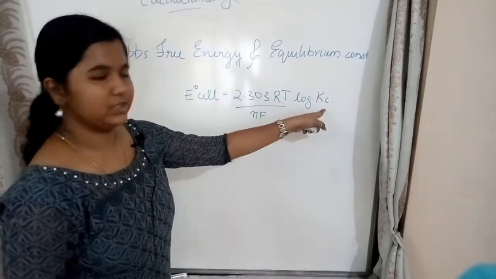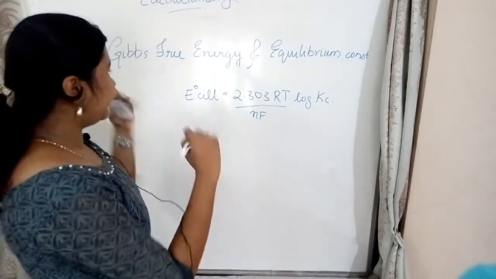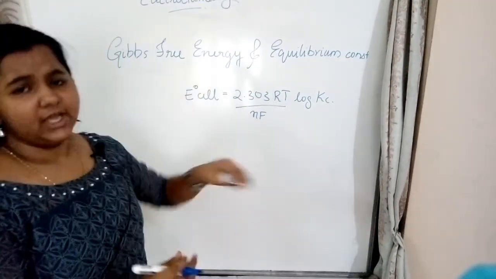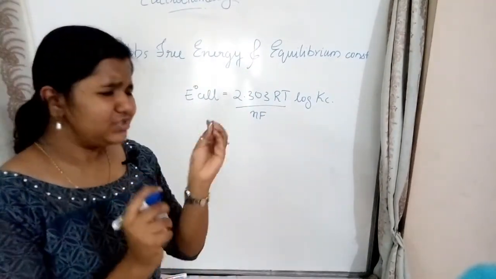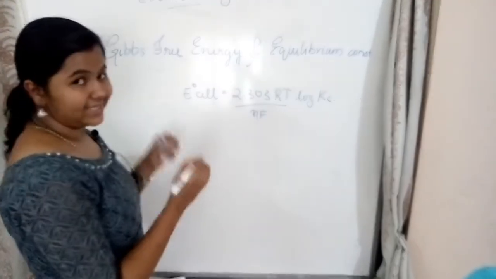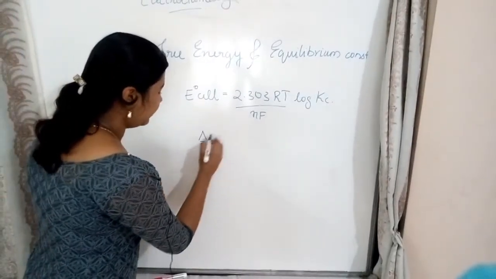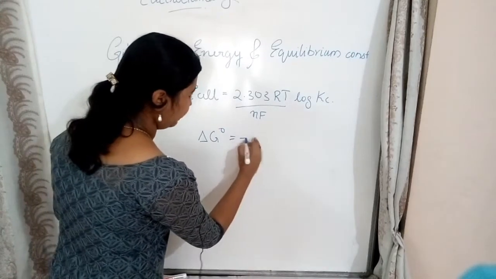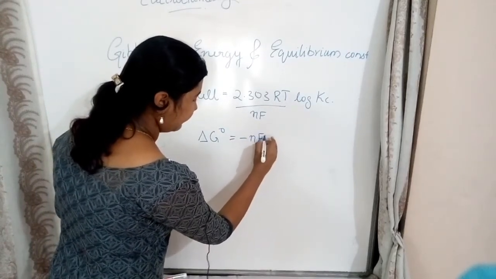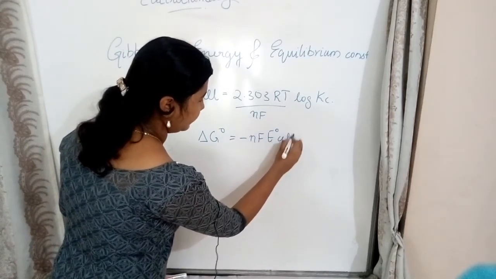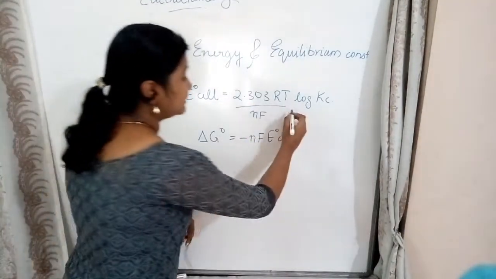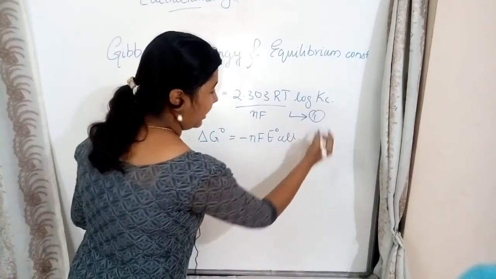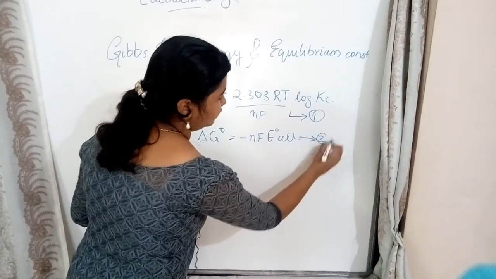So the equilibrium constant comes here. And next is Gibbs free energy, the equation we discussed just a minute ago: delta G0 is equal to minus nF E0 cell. We'll mark this as equation number 1 and this as equation number 2.